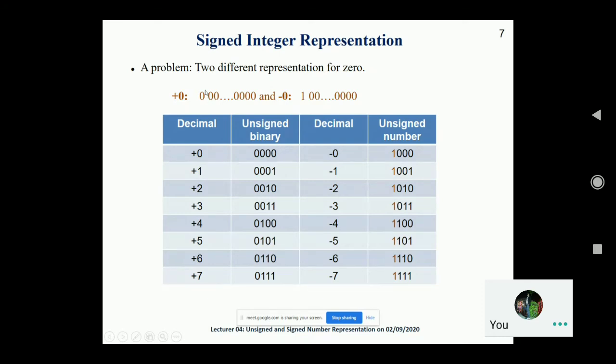Yes, sir. So this MSB part 0 represents a positive number, so it is plus 0. And for minus 0, the MSB is 1 and all the remaining n minus 1 bits are 0. According to signed integer representation, if the sign bit is 1, then this number is minus. So it is minus 0.